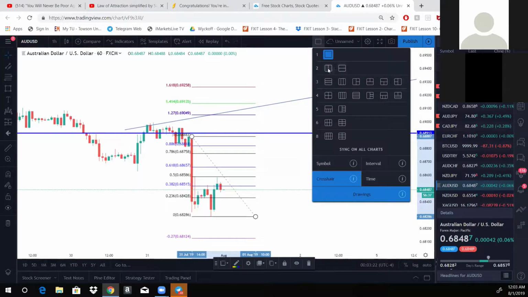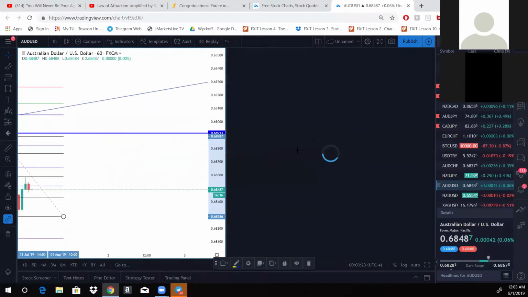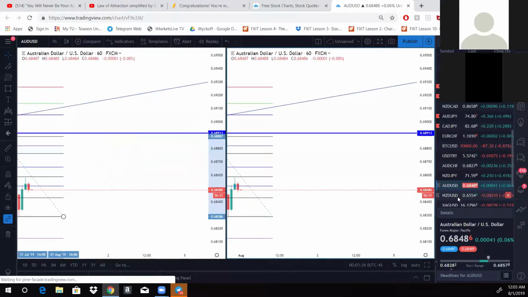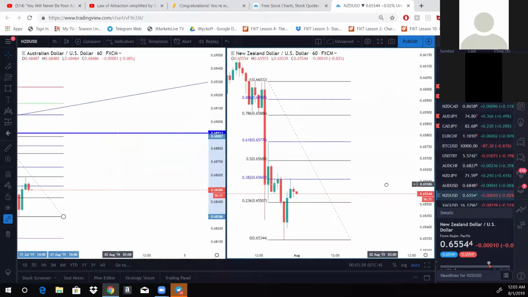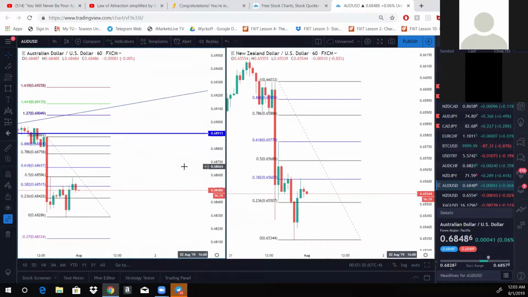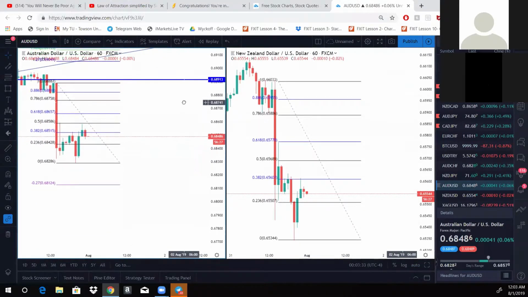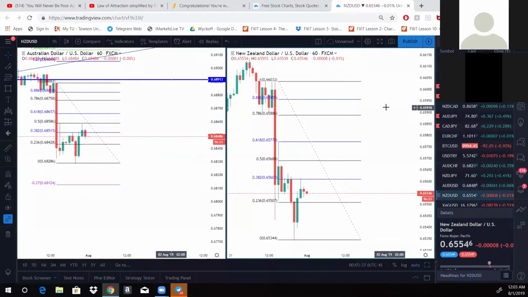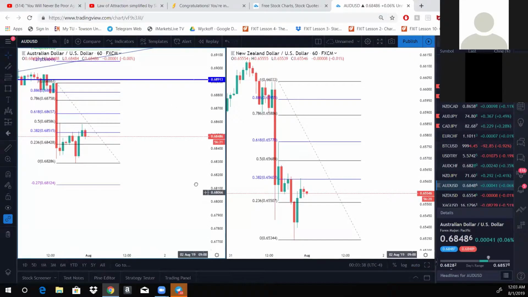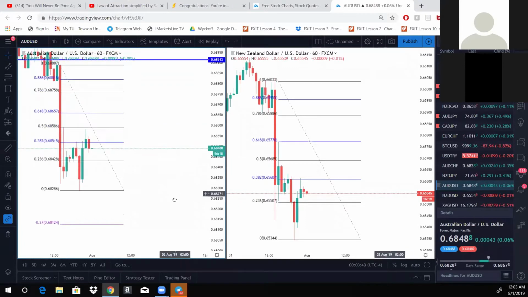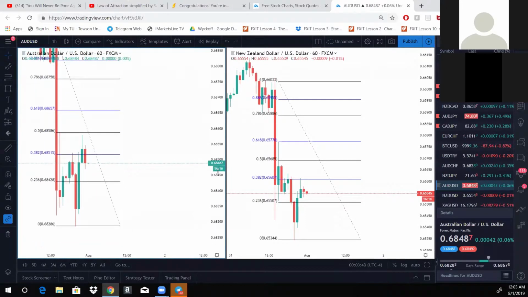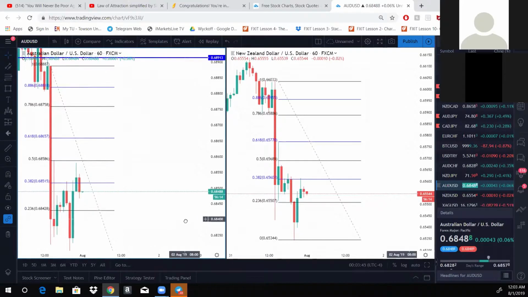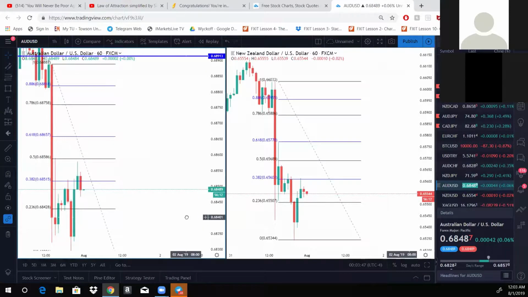It's funny, they just mirror each other. Look at this same structure. What time frame is this? And the same time frame. Yeah, see, pretty much the same structure.